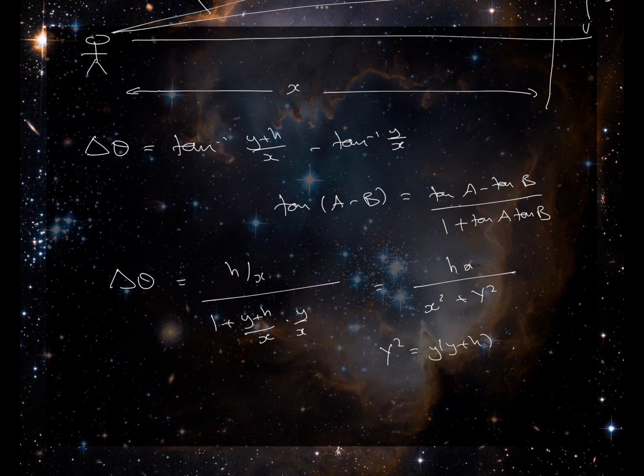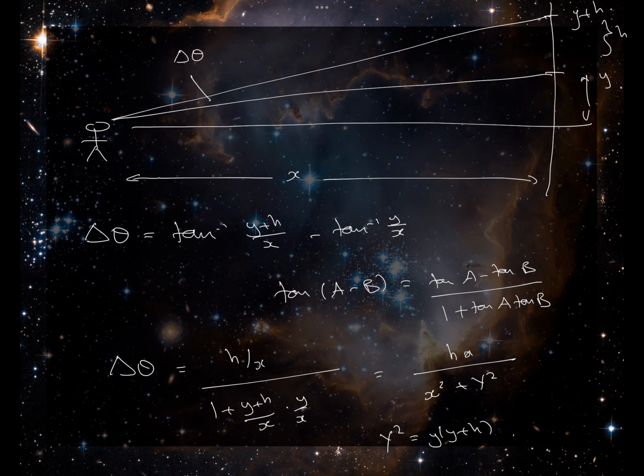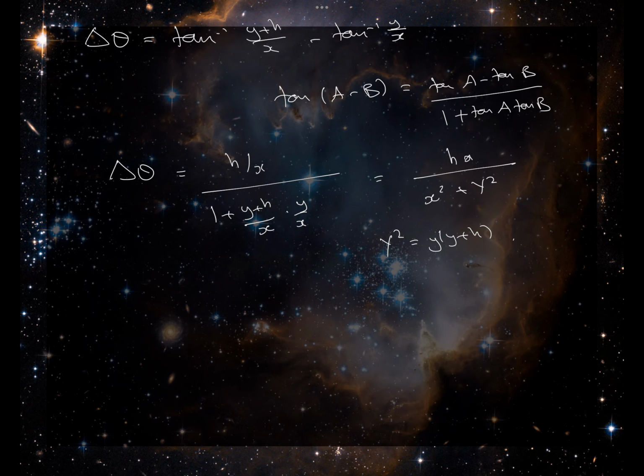At the moment we're considering y squared to be greater than 0, so both y and y plus h are positive numbers. Later we'll consider the case when y is negative and y plus h is positive. So delta theta is the inverse tan of hx over x squared plus y squared.